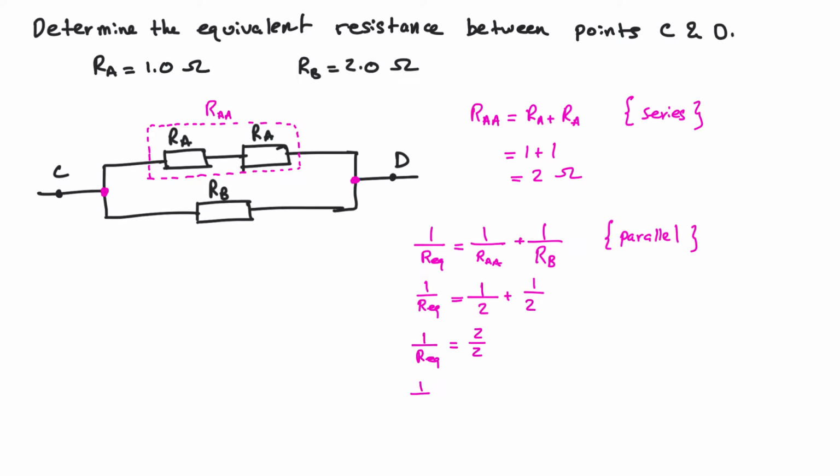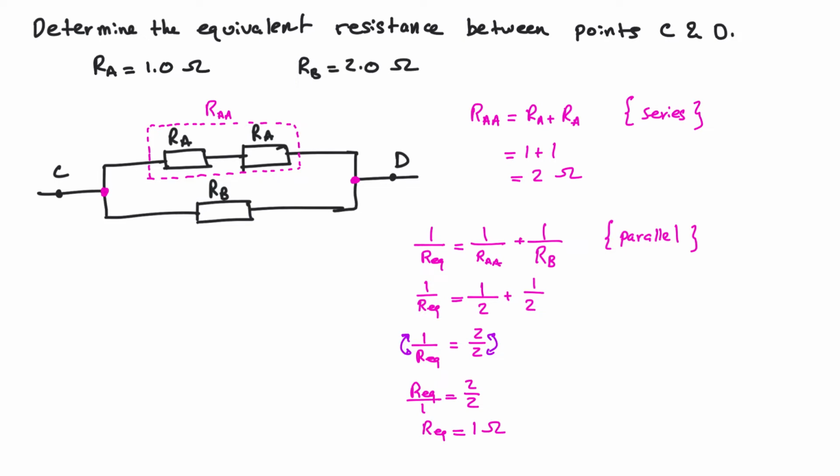And then at this point, I can simplify this, or I can take the reciprocal. It's up to you which way you want to do it. I'll take the reciprocal here, and I'll say that REQ over 1 is equal to 2 over 2. So REQ, or the equivalent resistance, is equal to 1 ohm.